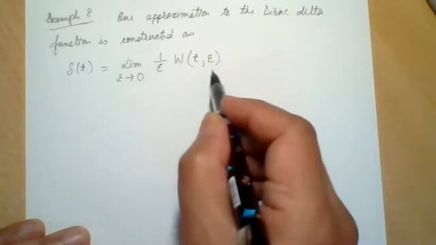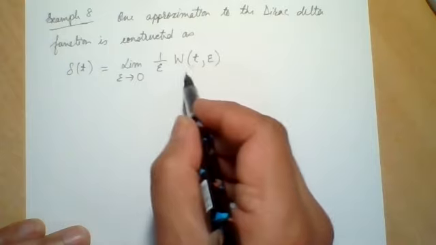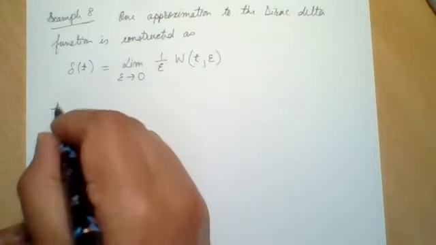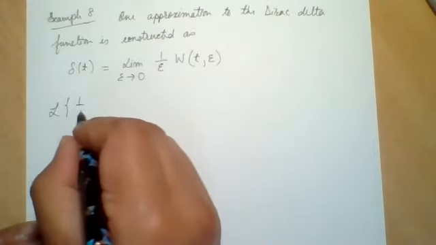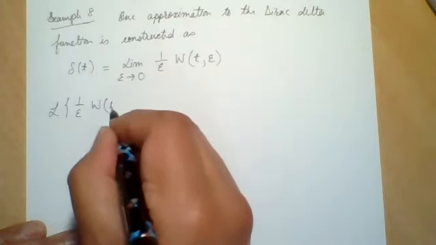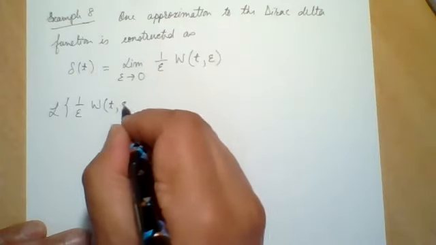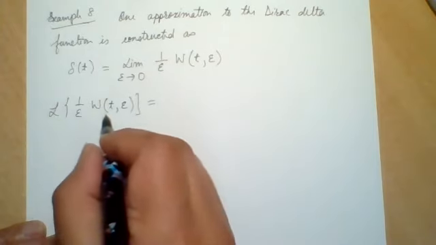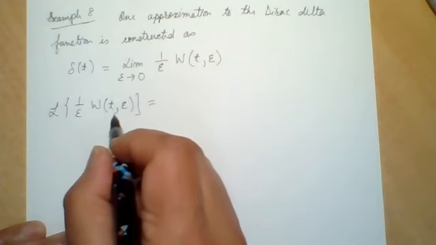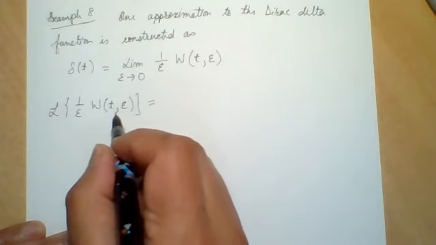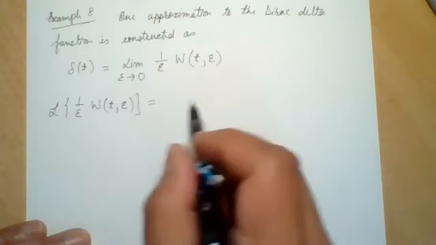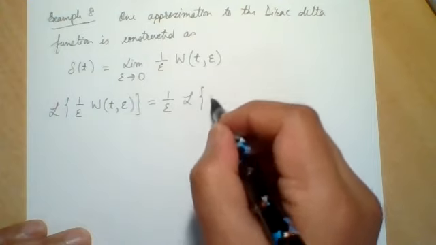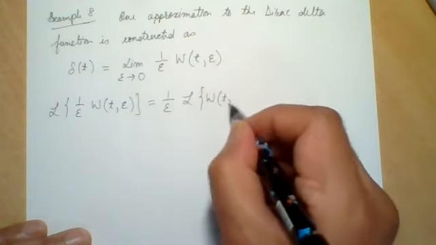So first let us calculate the Laplace transform of 1 by epsilon w of t comma epsilon. Here, this Laplace transform we are going to integrate with respect to t from 0 to infinity. In this particular case, epsilon is a constant, so I can take epsilon outside. So this is 1 by epsilon times the Laplace transform of w of t comma epsilon.